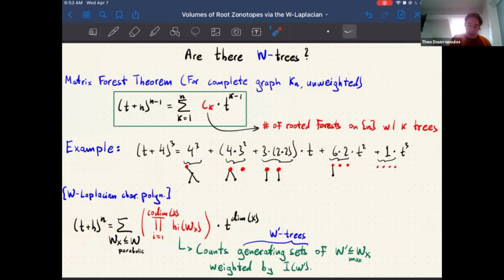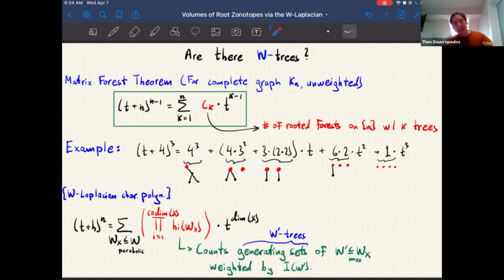And so in the matrix forest theorem, the coefficient already had an interpretation involving combinatorial objects. Here, the discussion that we had before for the W-Laplacian tells you that this coefficient counts not exactly trees or an analog of trees, but generating sets weighted by the connection index of the group.